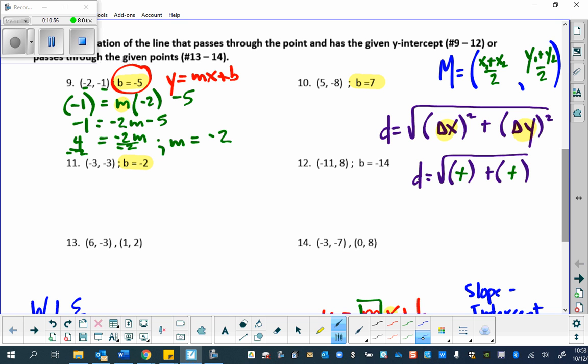When I go to write my equation, I have everything I need. I have my slope because I solved for it, and I have my b because it was given to me. Negative 5 is my b. Negative 2 is my slope. So when I write my equation, y is equal to negative 2x minus 5.